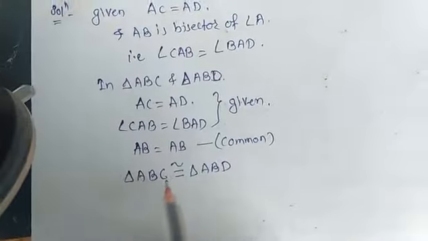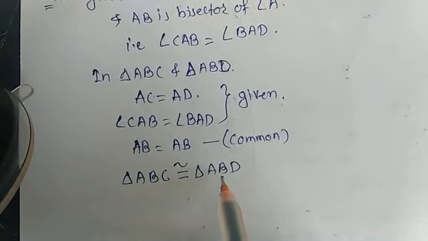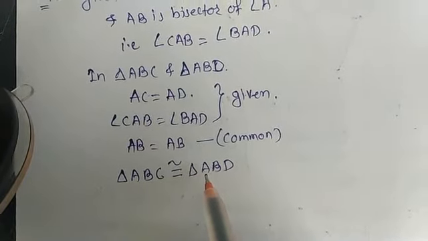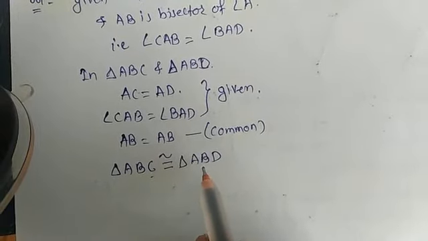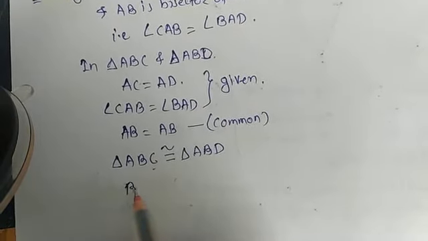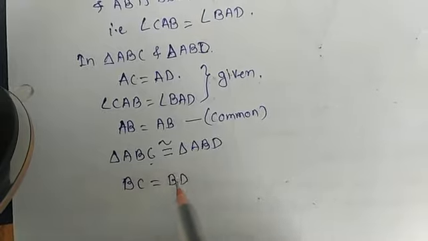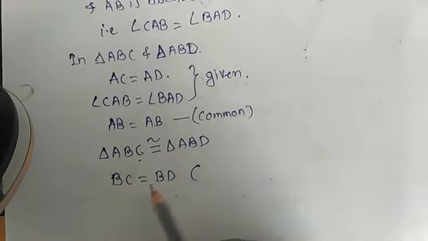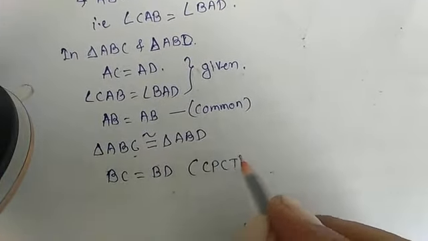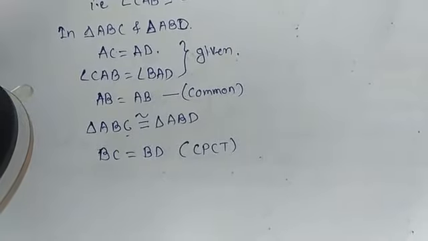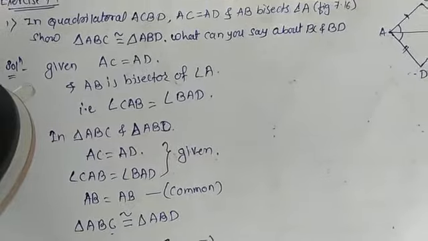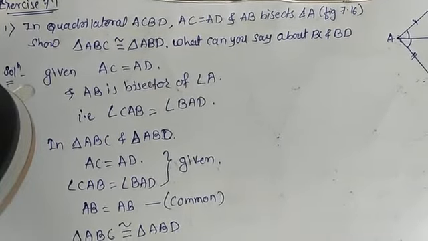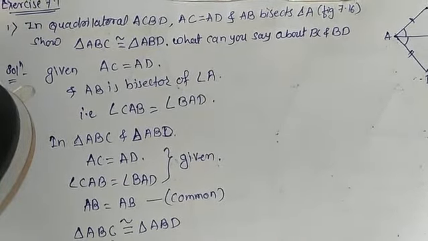So you can say that triangle ABC is congruent to triangle ABD, which is our first part. Now about BC and BD, by CPCT you can say that BC is equal to BD because they are corresponding sides of congruent triangles. This is our required answer of example number first in exercise 7.1.